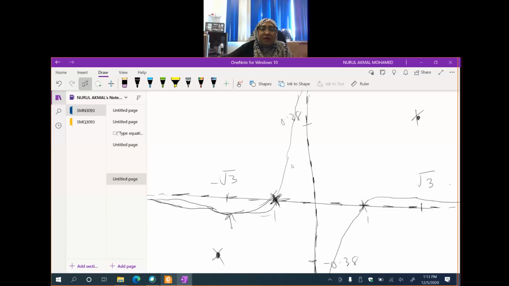So this one will be a relative minimum, and this one will reach its maximum over here. Okay, the graph will be like that, because this is a critical point. Critical points means it is a stationary point. It could be either minimum points or maximum points.